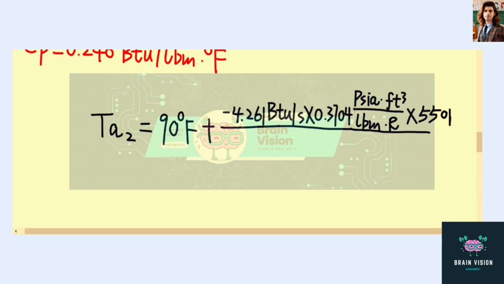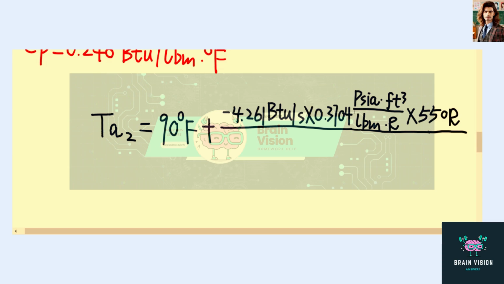The reason I use 550 Rankine in this part is that it's multiplied by the gas constant, which has a unit of Rankine, so we need to match it and use 550 Rankine for the initial temperature.